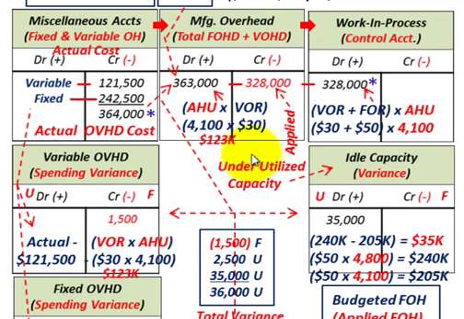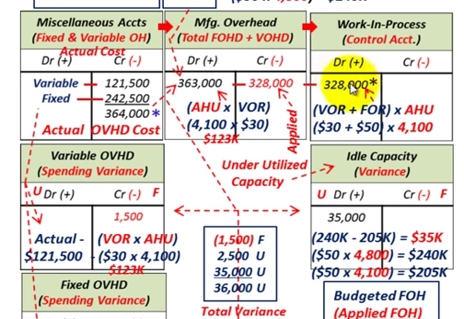So that's how we had to determine the difference between our actual overhead cost and our applied overhead cost. And that's how we would do it for job order costing, where we look at our overhead variance analysis.